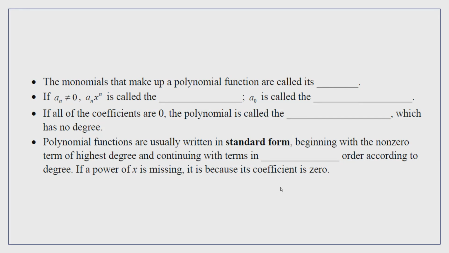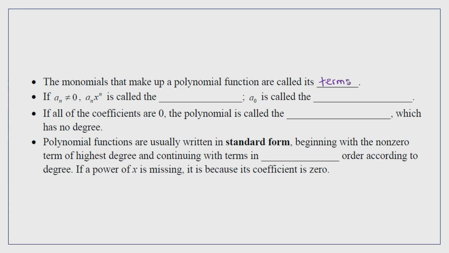The monomials that make up a polynomial function are called its terms. Okay? So polynomials are the sum of monomials.